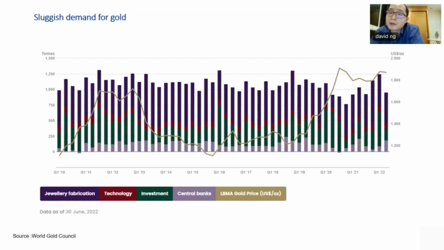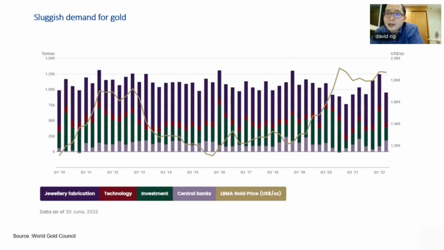In fact, they will sell their gold and park it in higher interest rate yielding assets, probably like your FD or other instruments. That's what we are seeing right now. A lot of major central banks around the world are hiking interest rates higher, and as a result, gold prices or gold demand is probably suffering because of that.